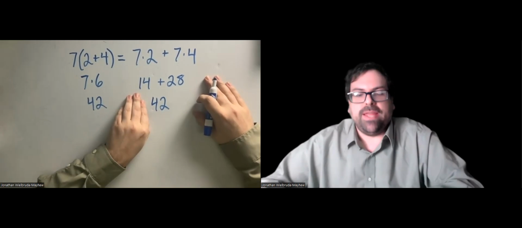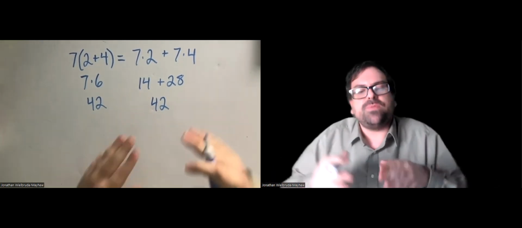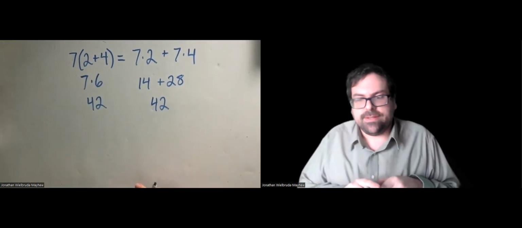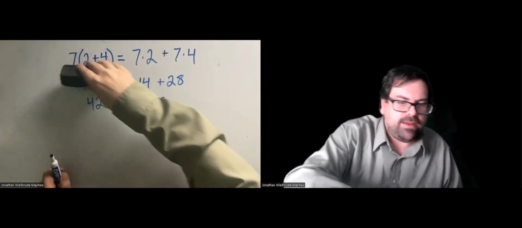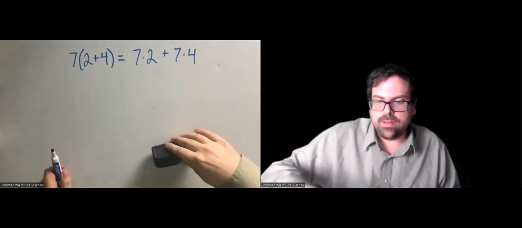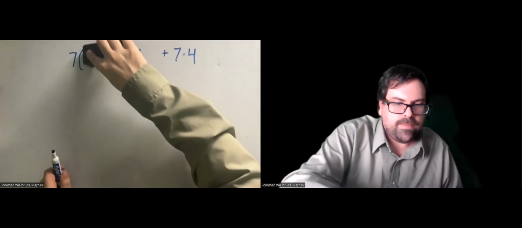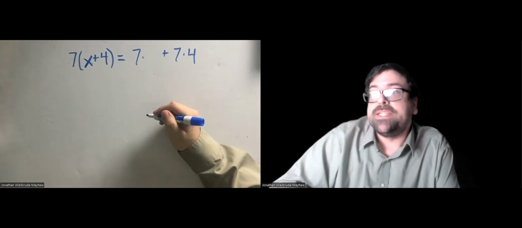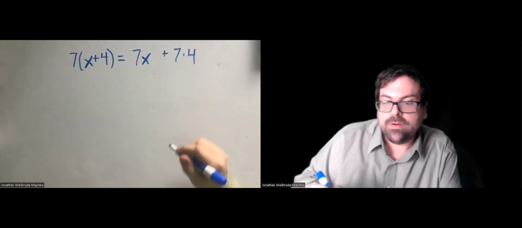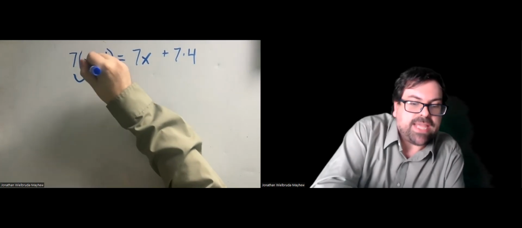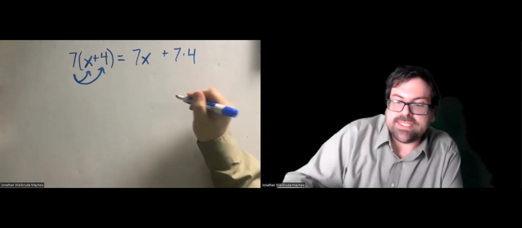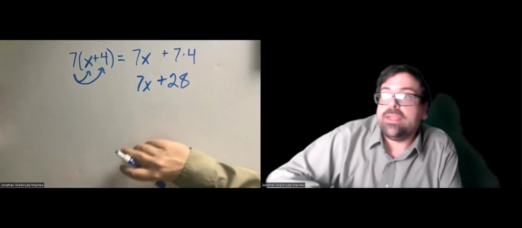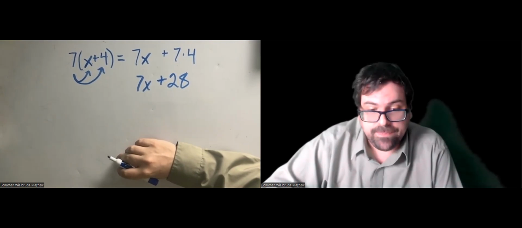So why do we need something like this? It's because we need to be able to expand when one of these things is x. If we had instead of 2 plus 4, x plus 4, we would go 7 times x plus 7 times 4, giving us 7x plus 28.